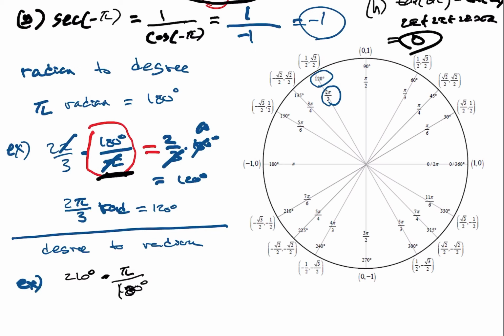Better way to think about it: when we want to convert to degrees, we want the numerator to be degrees. But now, because we want to convert to radians, we want pi on the top, because pi is in radians. So then we have 210 over 180 pi.